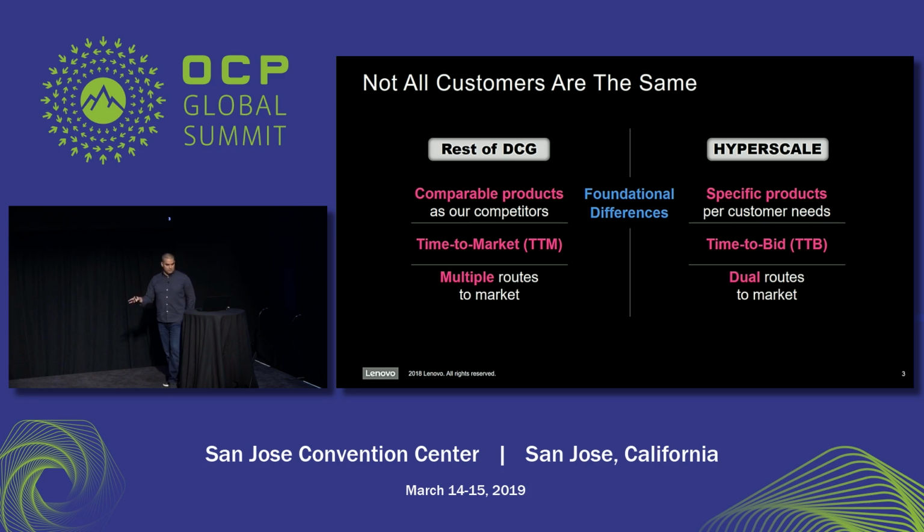We have a data center group team that is responsible for standard rack mount servers in a very methodical development cycle that lines up with our industry partners, Intel and AMD, for example. That aligns to their release cadence. These products have multiple routes to market, typically through direct sales, through a channel, through resellers. We can get to those markets in many different ways.